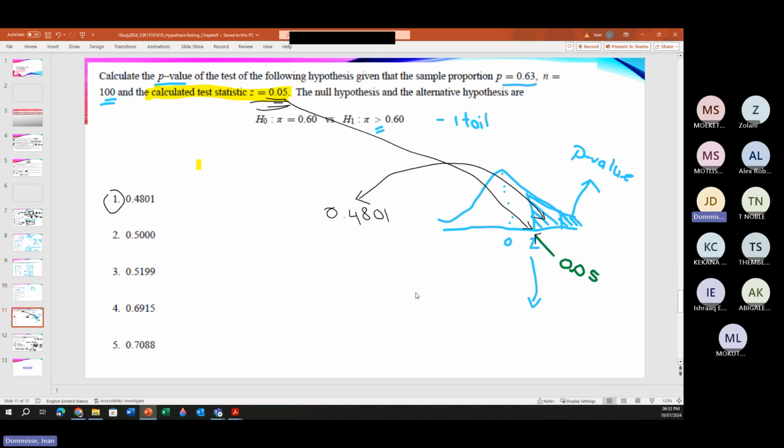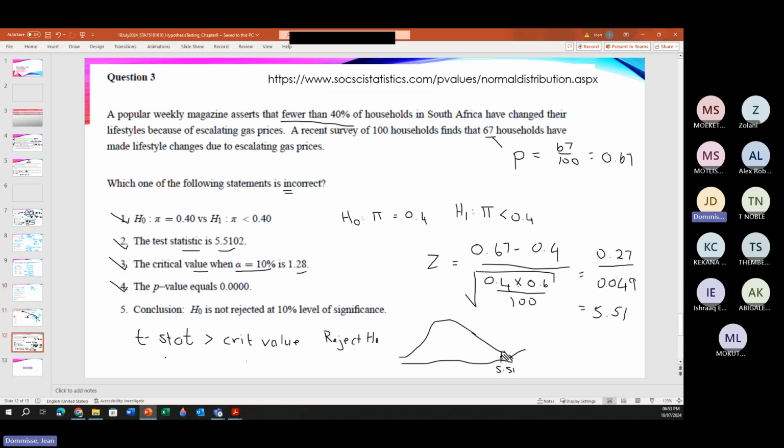But then also, let's just say it from the p-value. If we see that the p-value is smaller than your alpha, your p-value was 0.0000, and when we actually looked at it, it's much smaller than that even.